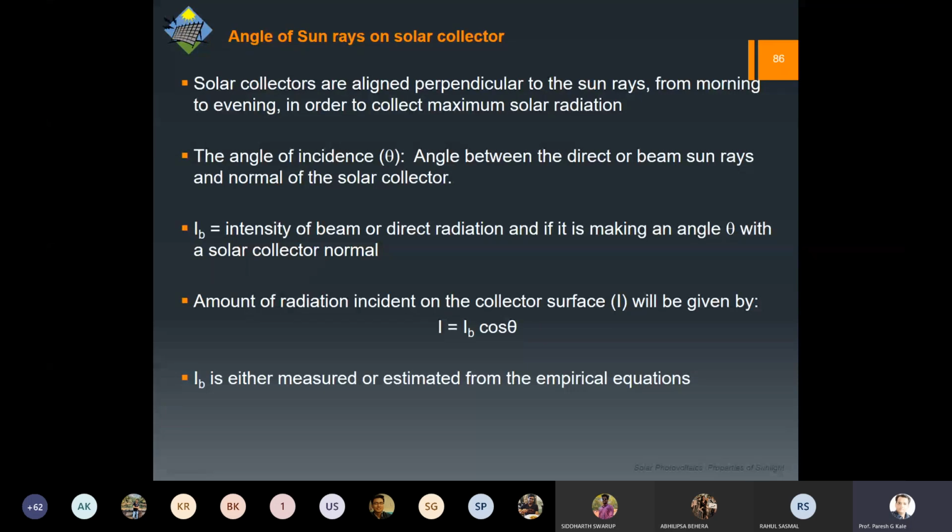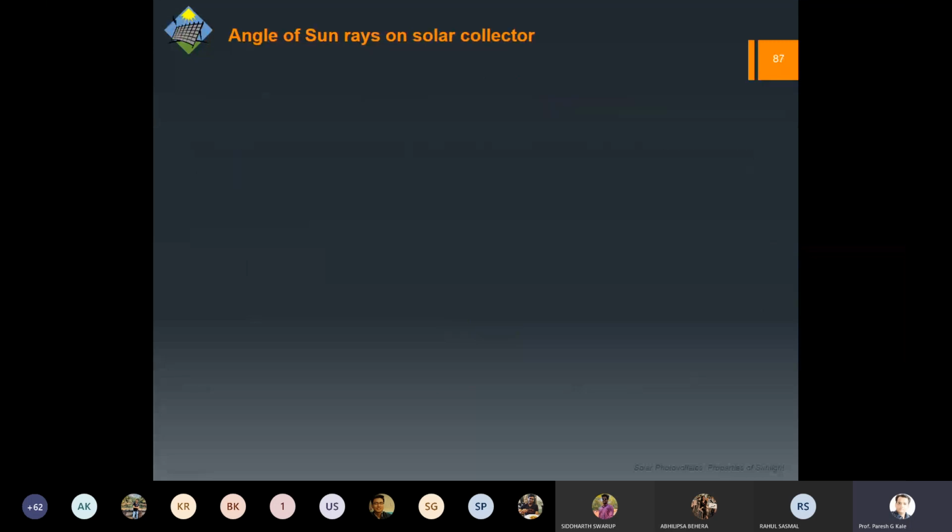So people have observed it, and apart from that, you can estimate it with certain empirical models, and we can measure it. If you want everyday data, then these things can be measured, both direct as well as diffuse. We will learn about that at the end of this particular lecture.